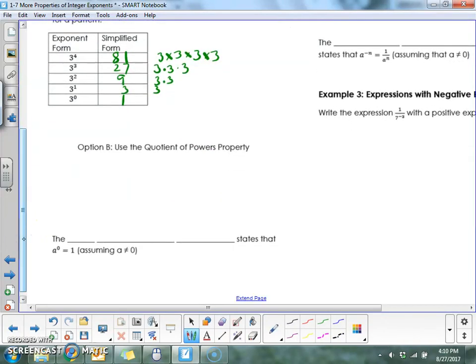Option B is to use what we learned last time, the quotient of powers property. I can rewrite 3 to the 0 power as 3 squared divided by 3 squared, because 3 to the 2 minus 2 power is the same as 3 to the 0 power.